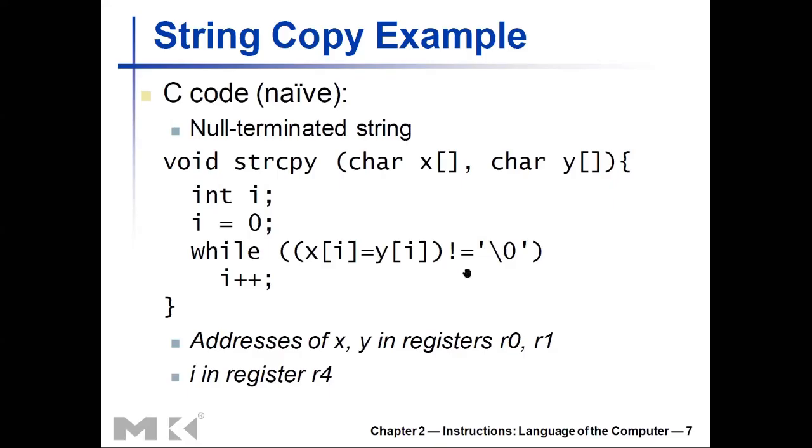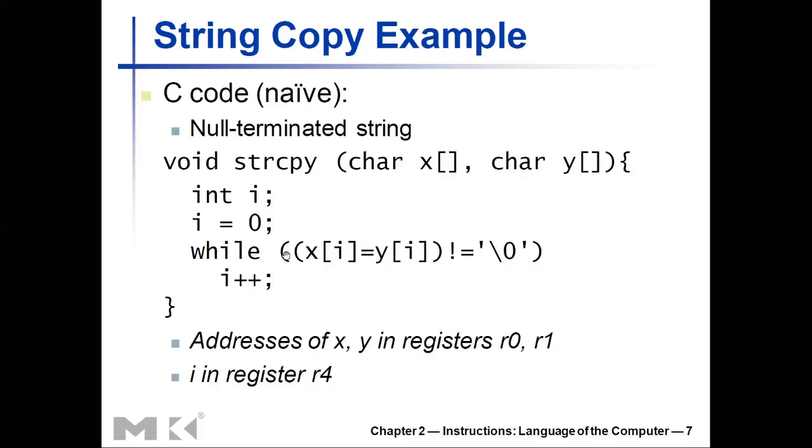The real comparison is done with the null terminating character, with this not equal to operation. But here it's not a comparison actually. What we are doing is we take yi and make xi equal to that one. So this is a compact way of doing the while loop to perform the operation we need.